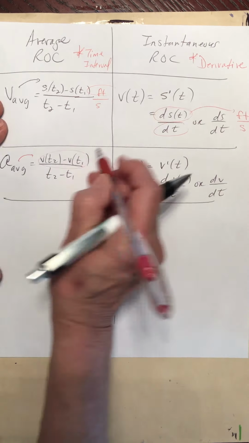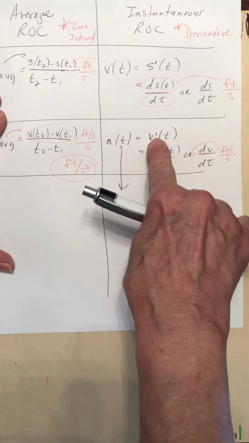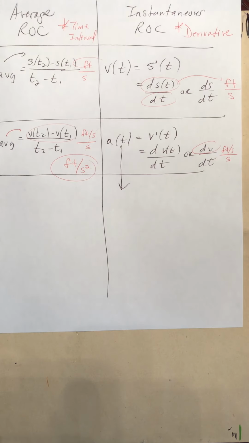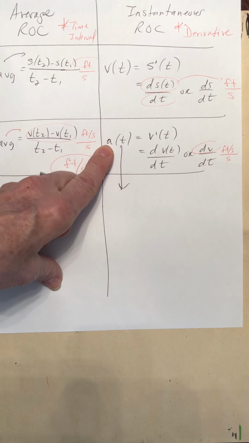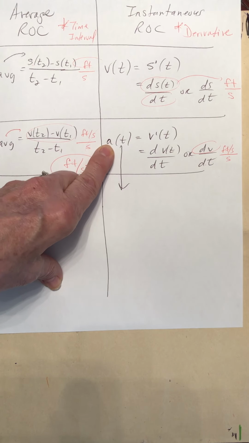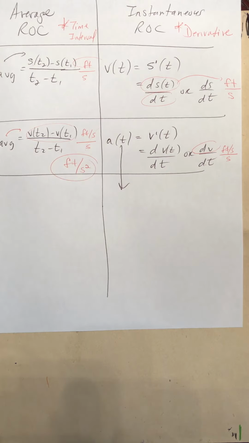But there's another way of looking at acceleration. It came from velocity. It came from getting the derivative of velocity. But where did velocity come from? It came from position. So to end up all the way down the ladder to acceleration, you have found the second derivative of position.